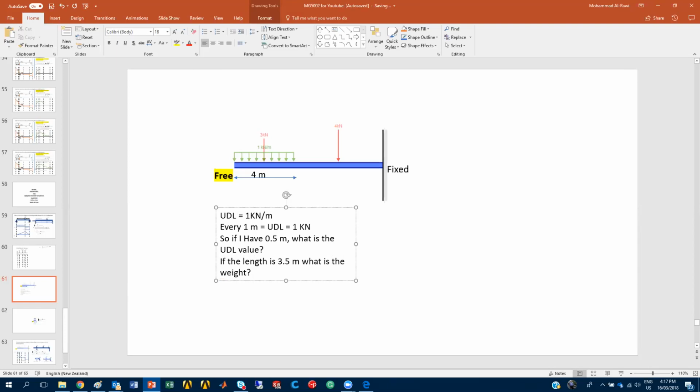Michael, where's your answer? Yeah, Michael, your answer? Cool. So 3.5 kilonewtons, and we remove the meters because we're finding the weight at the center. So now let's make it more interesting. What if it was 0.2 meters?